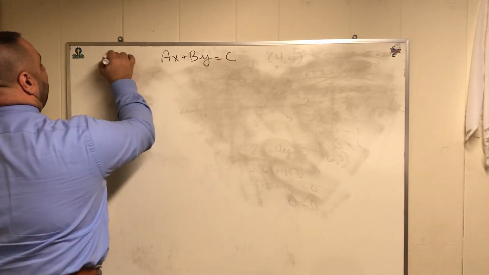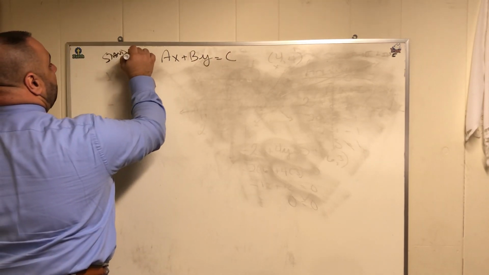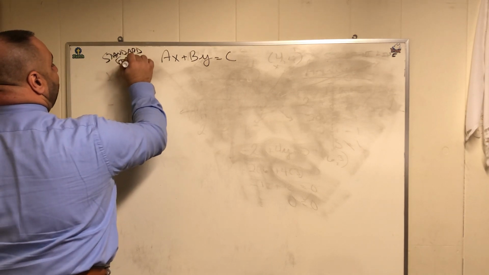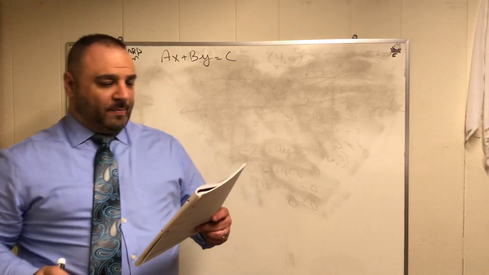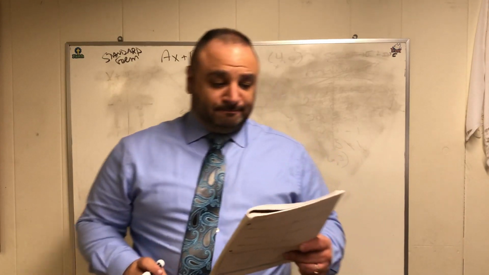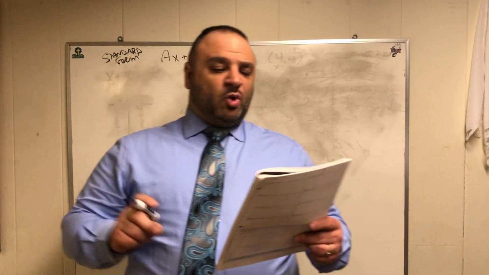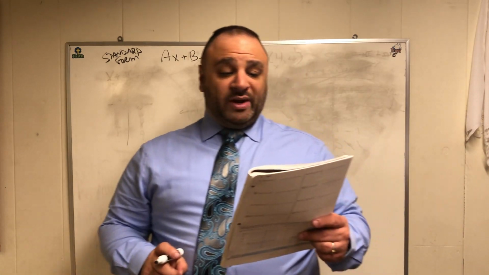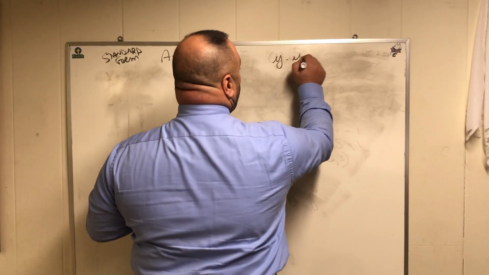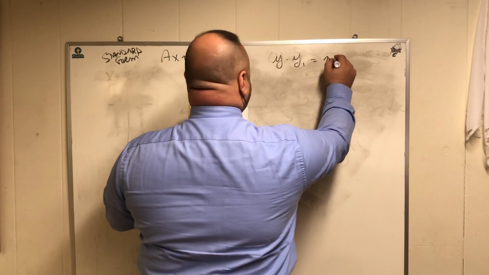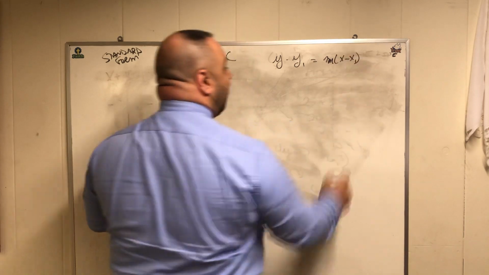This is the standard form for the linear equation. Now, look at theorem 107. The equation of the line passing through the point x1, y1, and having a slope m is y minus y1 equals m times x minus x1.